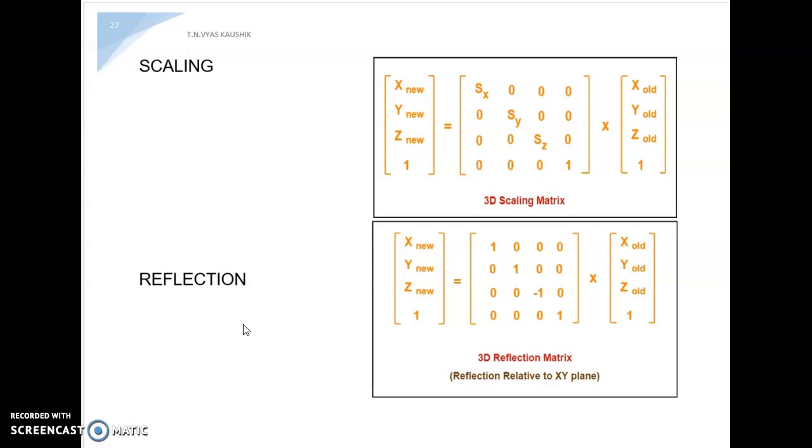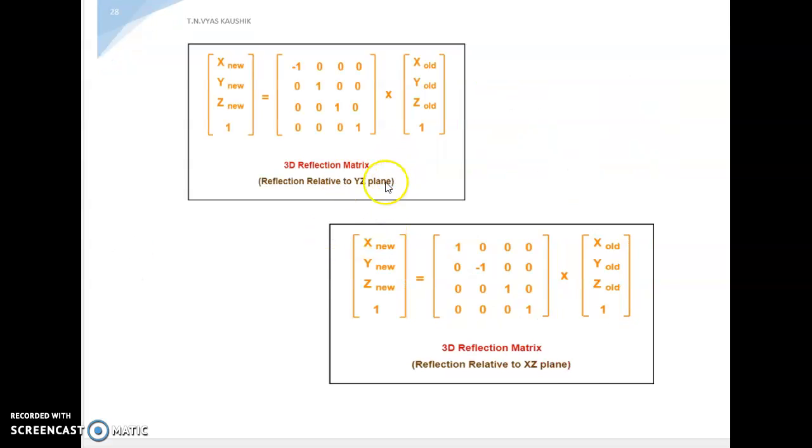The whole xy will be considered as one plane. With that concept, only the z value will become minus 1. So x will remain the same, y will remain the same, and z will become minus 1. The same applies for yz reflection and xz reflection. In yz reflection, only the x value will become minus 1, and in xz reflection, the y value will become minus 1.